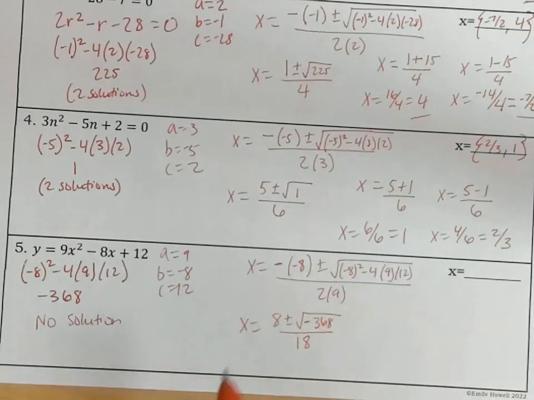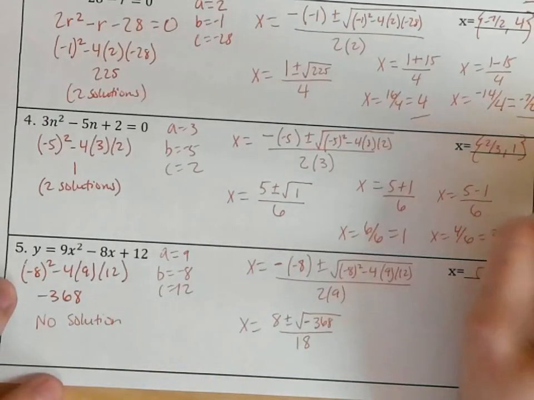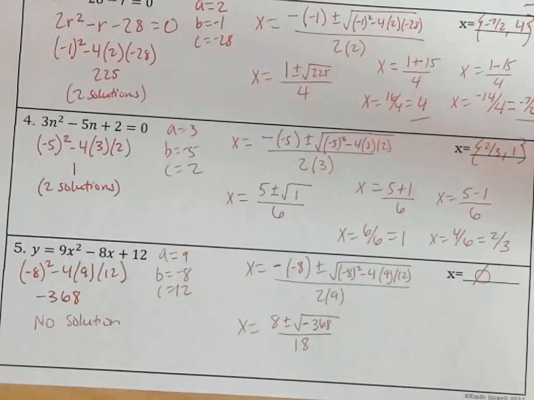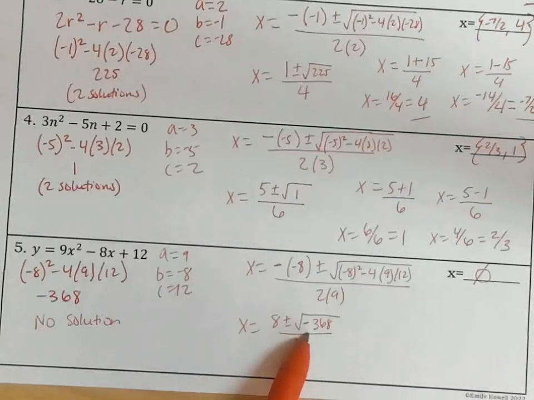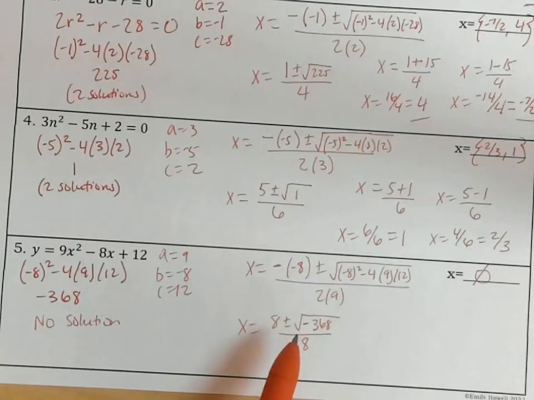I couldn't use a positive and a negative number to make that work. So because of that, this is going to cause this to be a no solution answer, because we can't do anything with that in Algebra 1. It becomes a non-real number, and that's not something that we cover until Algebra 2. So in this case, we're going to have a no solution for number 5.